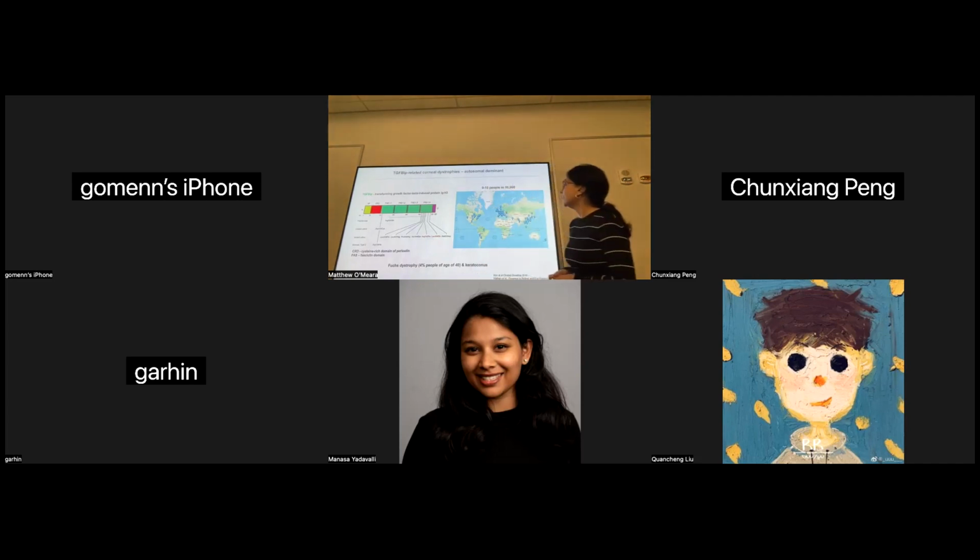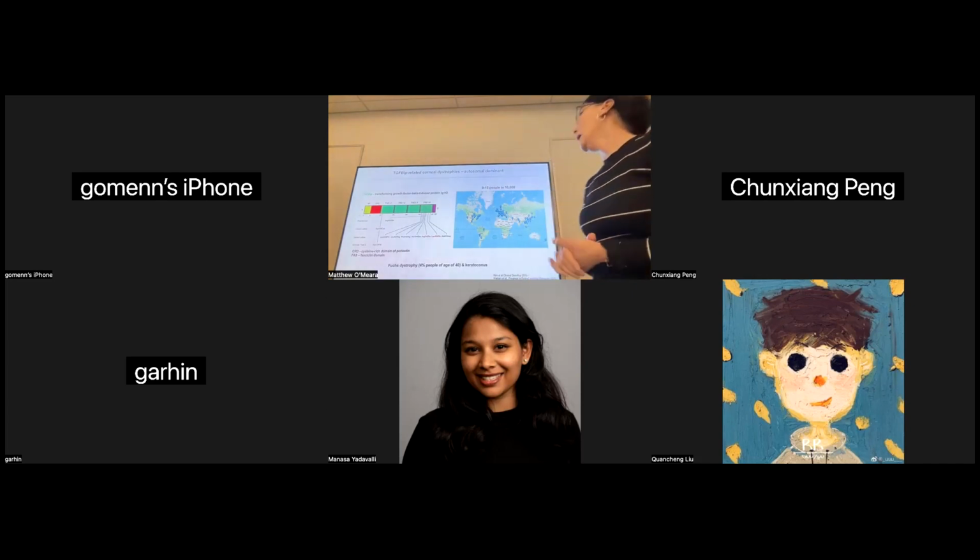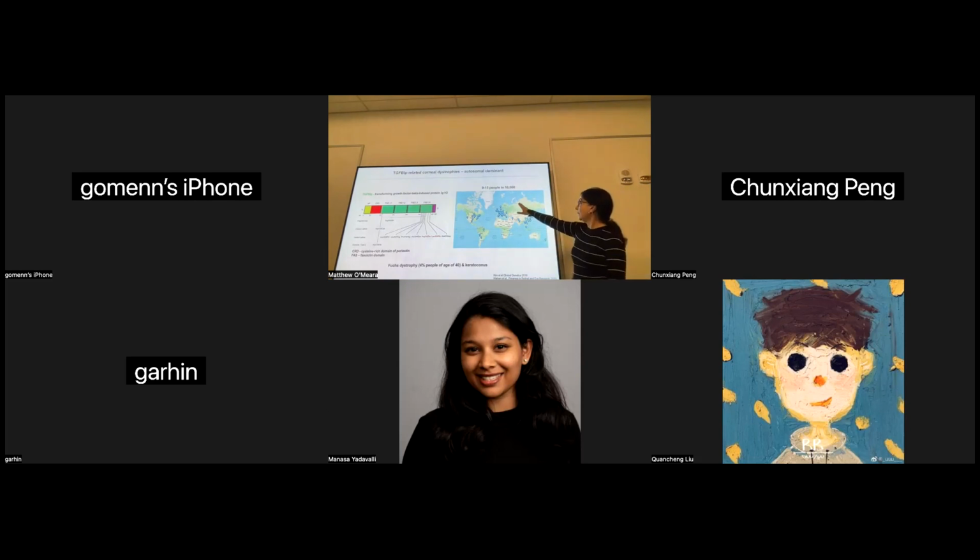These dystrophies are autosomal dominant, meaning that if you get the mutated gene, you will get sick from it. And this is the epidemiology of the corneal dystrophies.